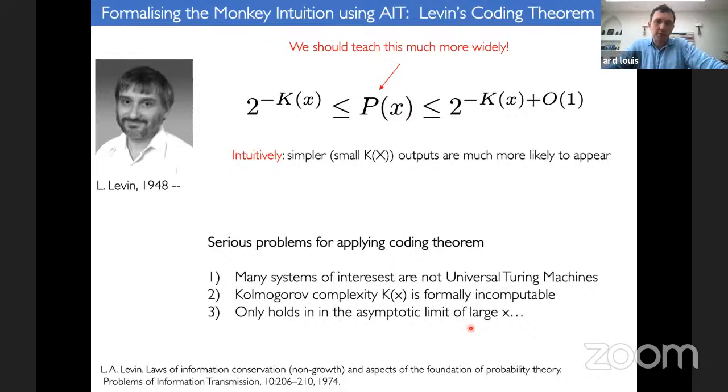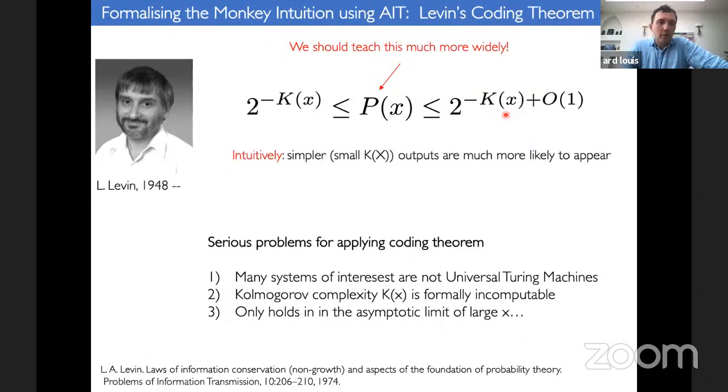And intuitively, this tells you simpler things are more likely to appear. Now, you may wonder why you've not all learned this as undergraduates. Well, it's because there are some formal problems with these coding theorems. Many systems that we care about are not universal Turing machines. Kolmogorov complexity is formally incomputable. And these bounds only hold in the limit of asymptotically large outputs.